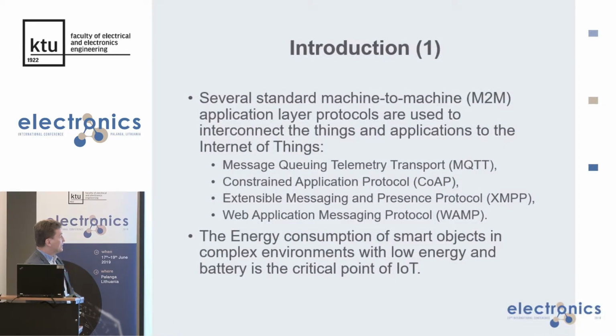At this moment, as you know, several standard machine-to-machine application layer protocols are used to interconnect things in an application, such as message queuing telemetry transport, constrained application protocol, extensible messaging and presence protocol, and finally web application messaging protocol.